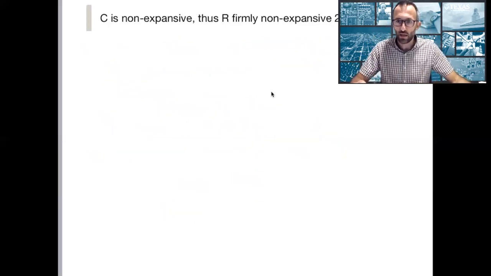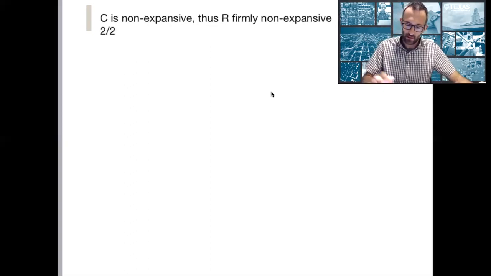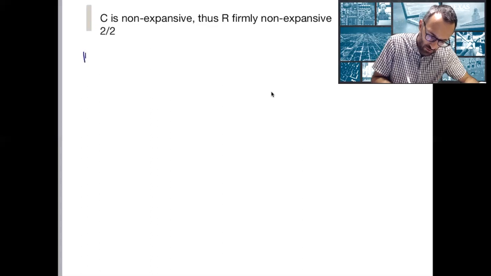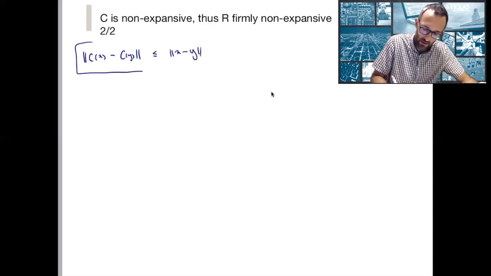Okay, so now let's conclude that C is non-expansive using this. So what do I need to show? I need to show that the norm of C of x minus C of y is at most the norm of x minus y.